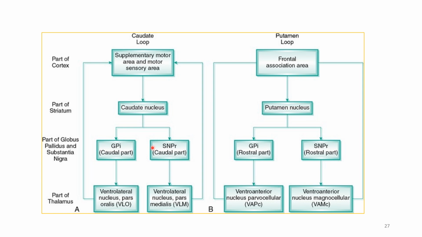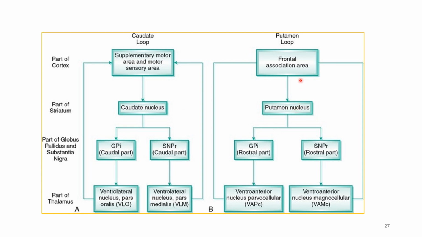The caudal part of the GPI will inhibit the VLO, the ventrolateral nucleus pars oralis. The reticularis will inhibit the VLM, the ventrolateral nucleus pars medialis. These are the thalamic parts affected by the globus pallidus internus and substantia nigra.